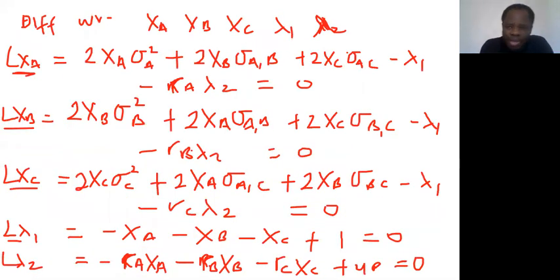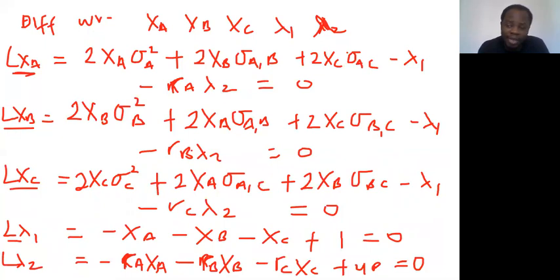So now what we are coming to do here is we are trying to represent this information with matrices. We are just trying to represent everything here in matrices. Now look at something. Let's say I'm going to start everything from the first equation. So it's 2xA variance of A, 2xB covariance of AB.